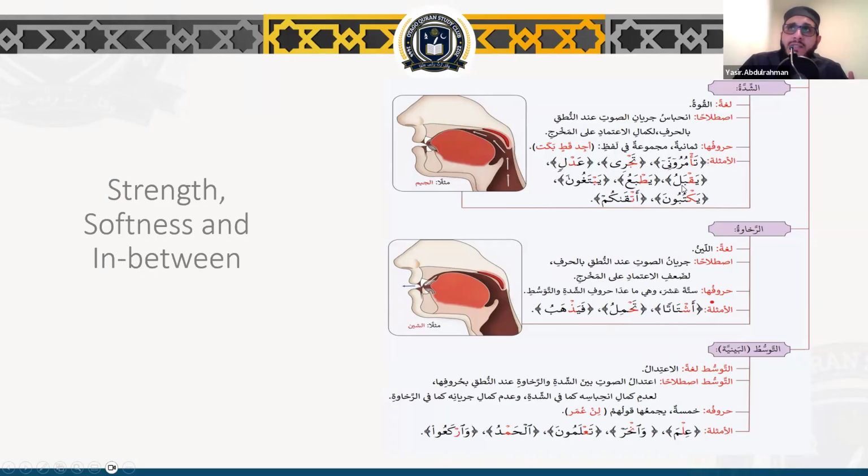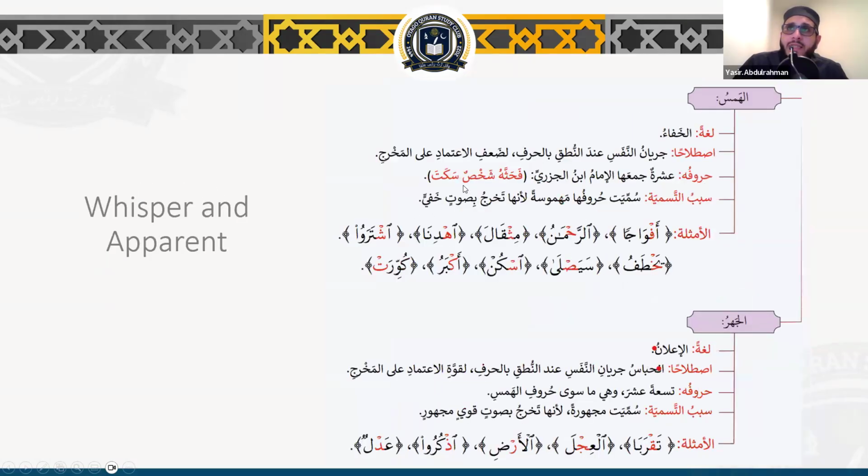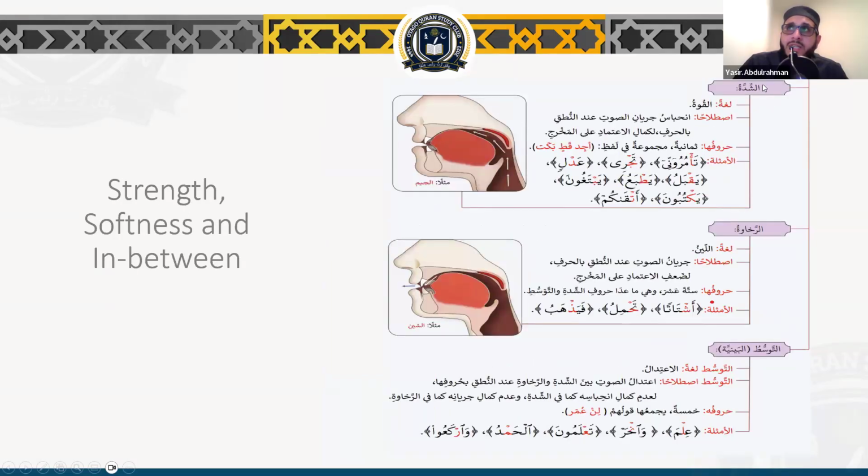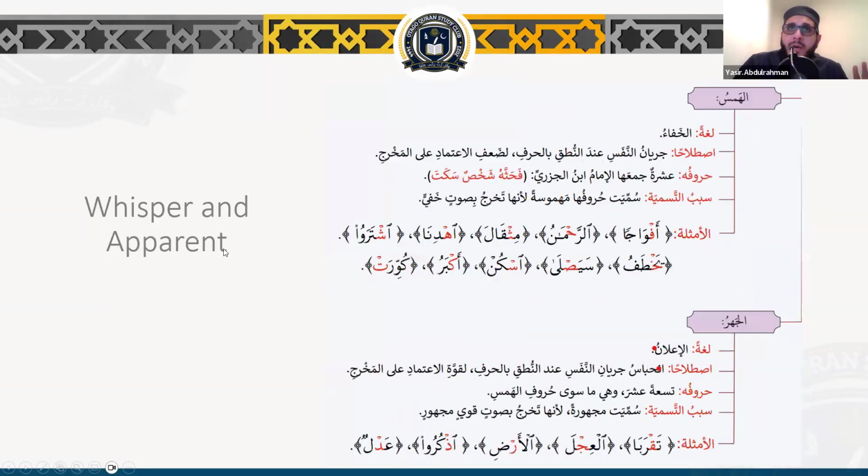If you look at all of the others, they are all majhura. So the only ones that are whispered from these, فَحَثَّهُ شَخْصٌ سَكَتْ, and shadid, are the kaf and ta. Everything else is shadid and majhur at the same time, strong and apparent. Apart from these two, which are whispered and strong.